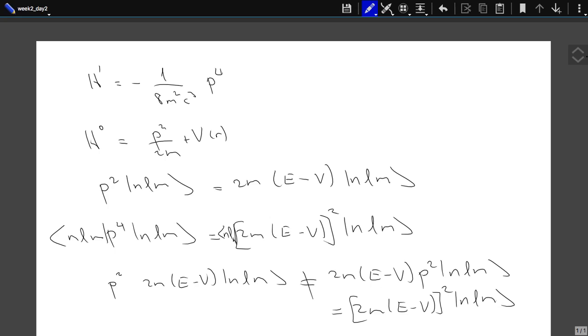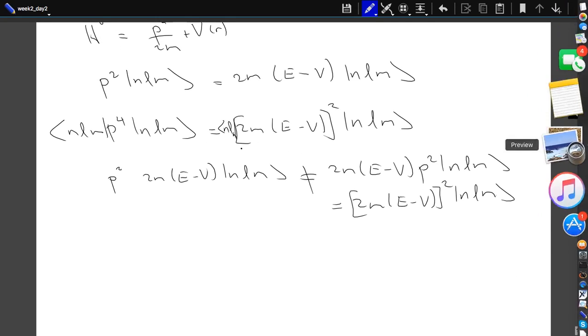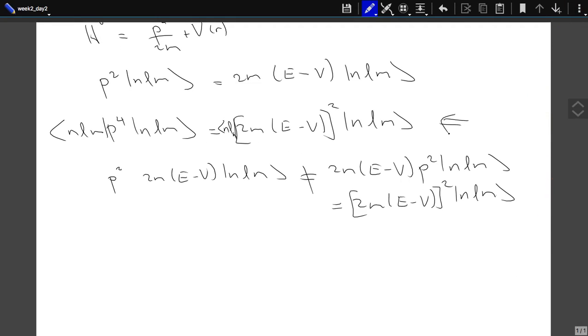This is not true. But at first sight, it looks like this is what the book seems to be using. And we said that this doesn't work because p squared and E minus V do not commute as operators.